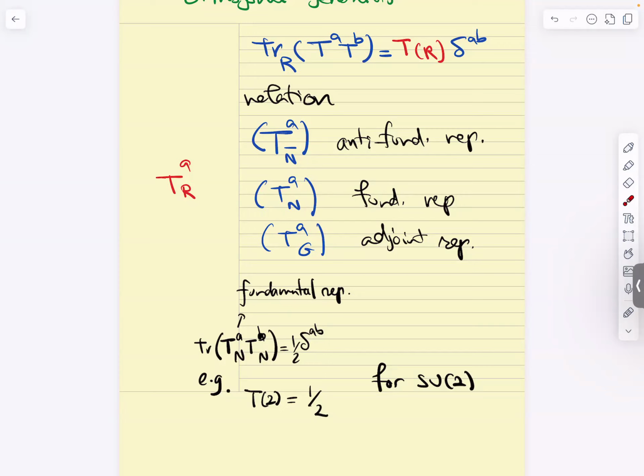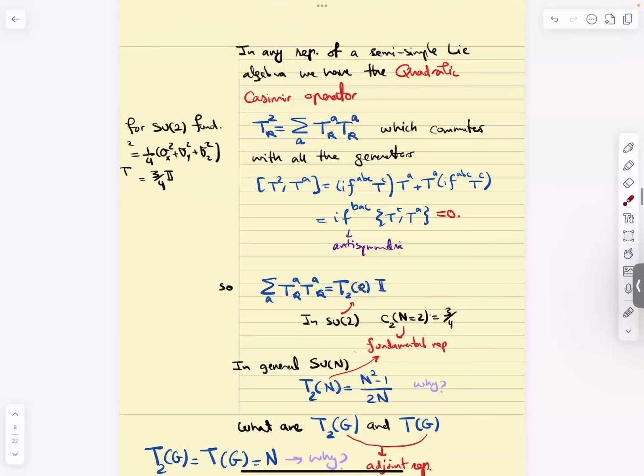So for us, this guy looks like the sum over A of T_A squared, right? What is the property of J squared? It commutes with everyone. This guy, check explicitly. In any representation, the sum over A of T_A of R squared is called the quadratic Casimir, and you can check explicitly that it commutes with T_A.